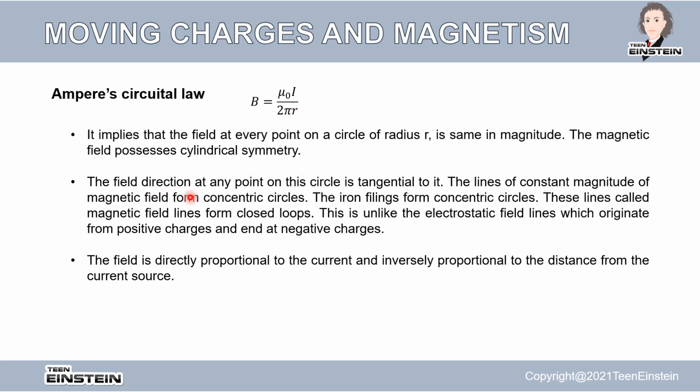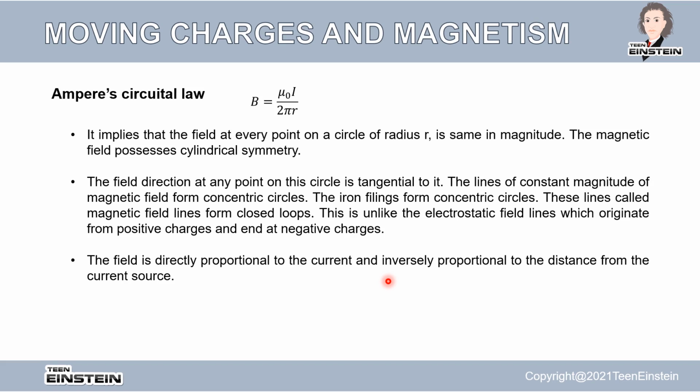The field direction at any point on the circle is tangential to it. The lines of constant magnitude of magnetic field form concentric circles. That is why the iron filings form concentric circles when we put them on a paper, when there was a current flowing in or coming out of the paper. These lines are called magnetic field lines. They form closed loops. So this is very different from the electrostatic field lines.